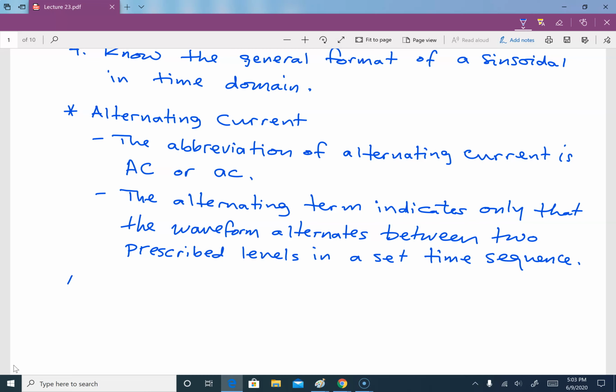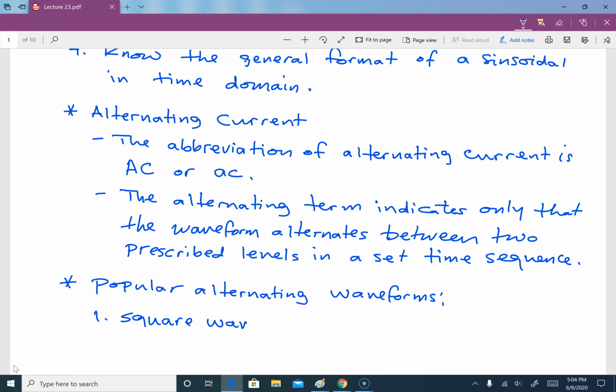So, what are the popular alternating waveforms? We have the first one, that is the square waveform.